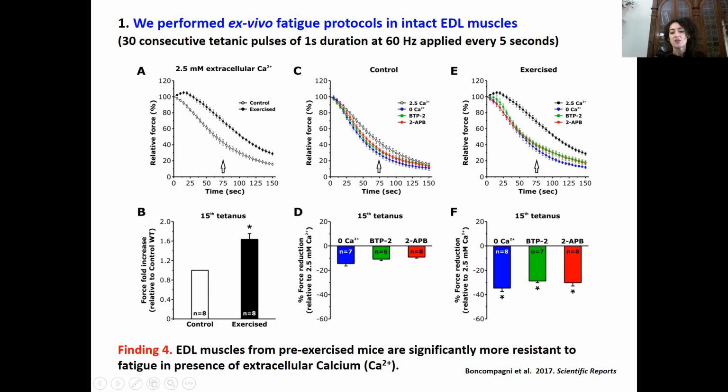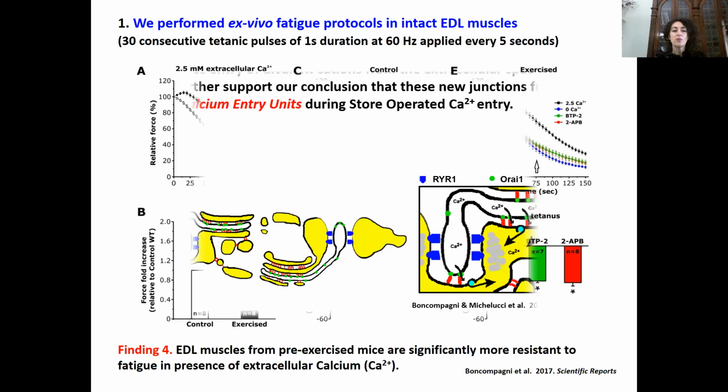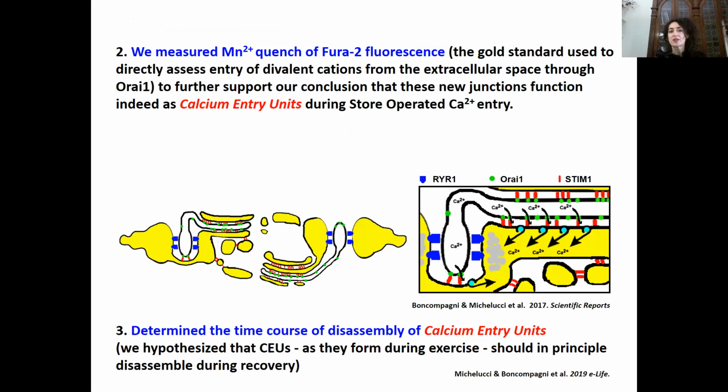on extracellular calcium. So after having published the first paper in Scientific Reports in 2017, in collaboration with the laboratory of Robert Dirksen and Antonio Michelucci, we also did two other sets of experiments.